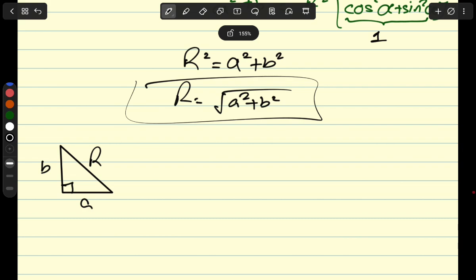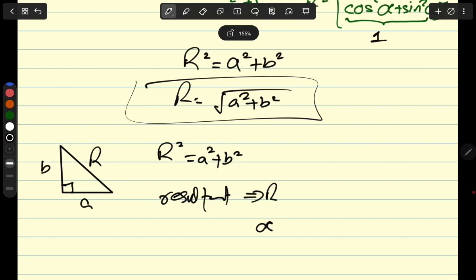It's just Pythagoras, r square equals a square plus b square, wearing a trigonometry disguise. That's why this value is often called the resultant, and this is the auxiliary angle. It's the combined magnitude of the horizontal and vertical components.